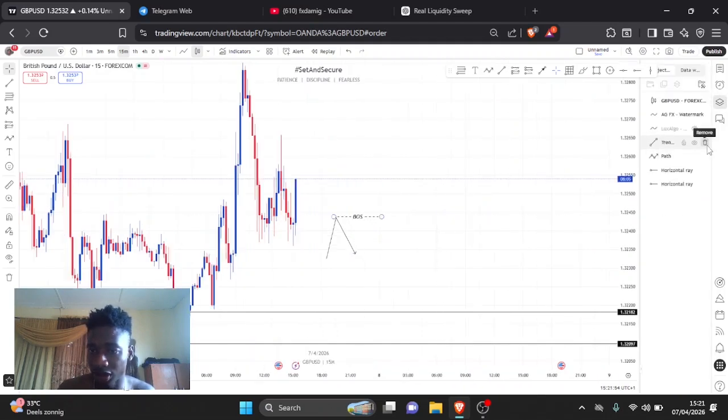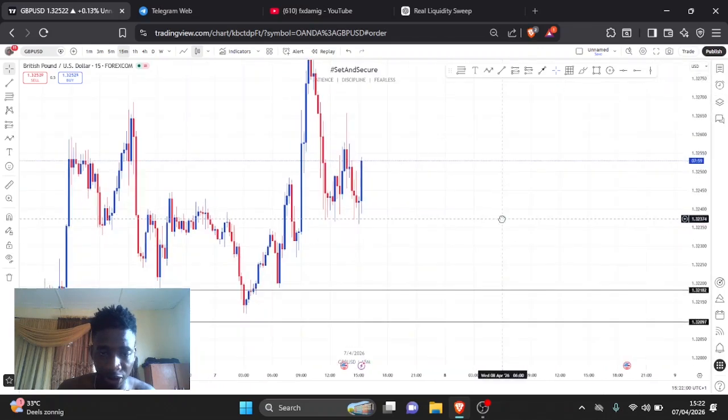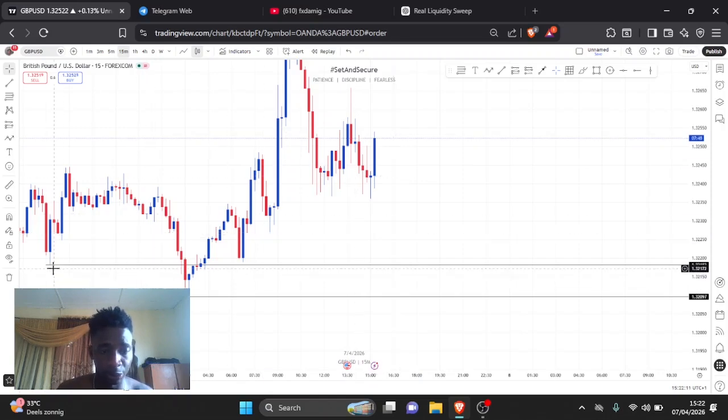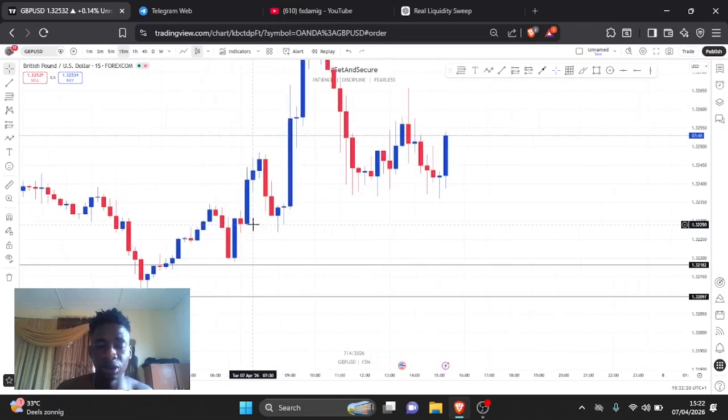Now, let's take this one example. Remember, we've mapped out our liquidity points. What we're looking at for now is what we're trying to buy, because we thought this was a liquidity sweep. So we're looking for an impulsive move, a liquidity sweep moving towards the 1 hour liquidity point.